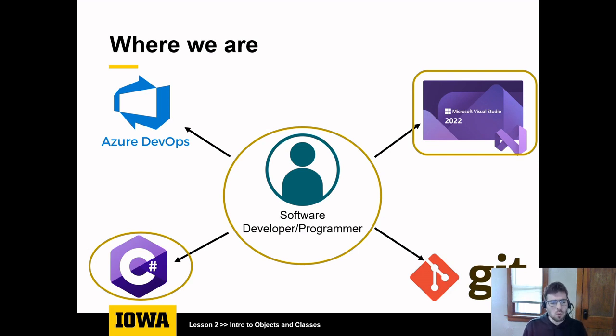So we're still right here in the course. We're talking about the software developer or programmer role and the tools they will use to help play their part in the software development process. These are the four tools we're looking at right now, and specifically today we're going to keep focusing on C# and Microsoft Visual Studio, but right around the corner for our first homework assignment is Azure DevOps and Git.